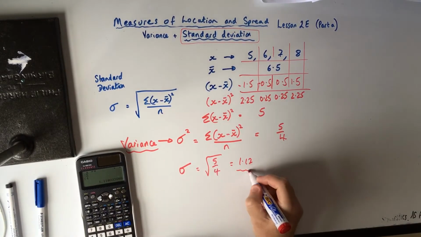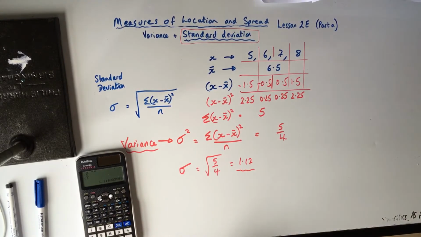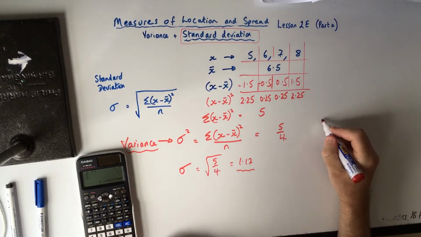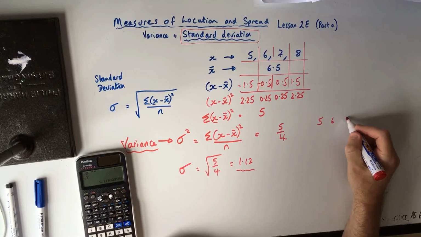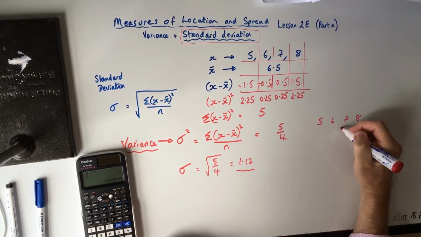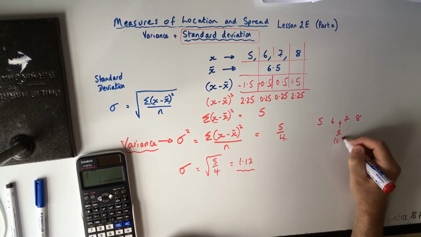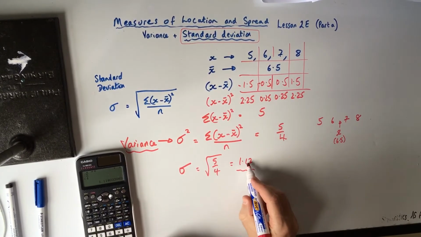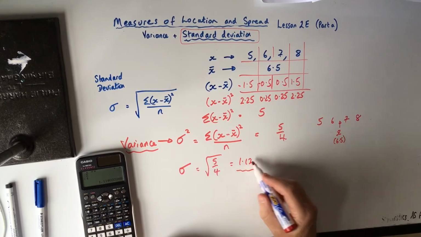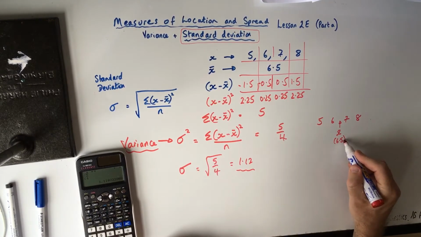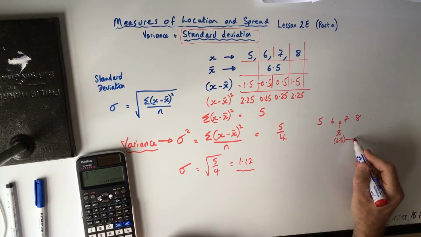Now have a look at that. That's the standard deviation. And just think about what I said before. When we've got these 4 numbers, 5, 6, 7 and 8, evenly spread, there's x bar, 6.5 in this case. You imagine one standard deviation, if you add 1.12 to that, it gives you 7.6ish.